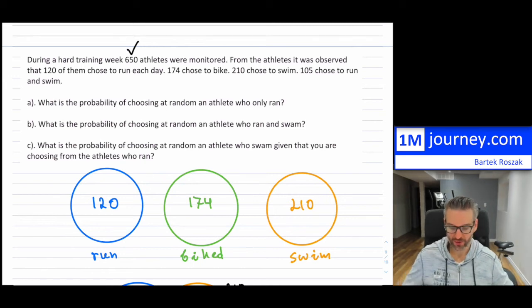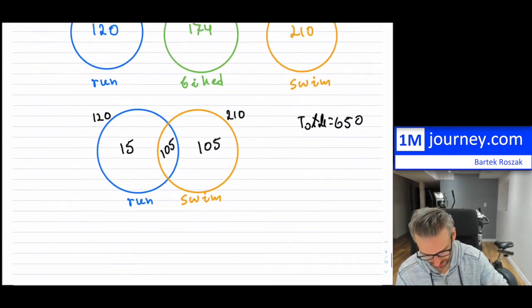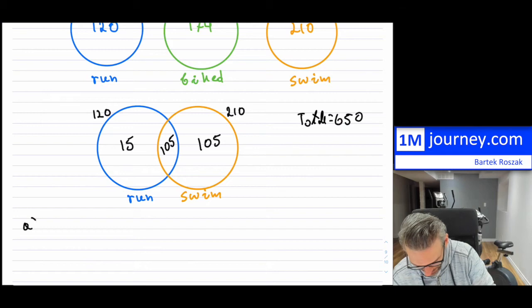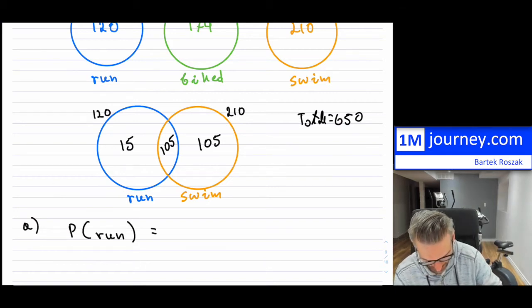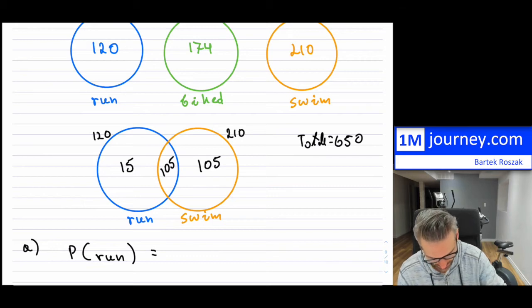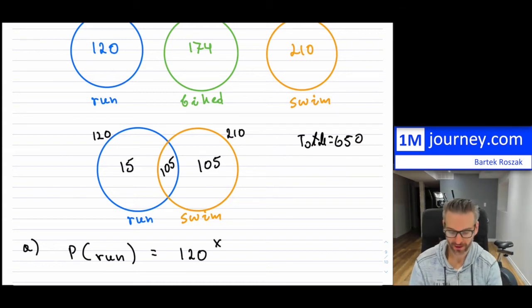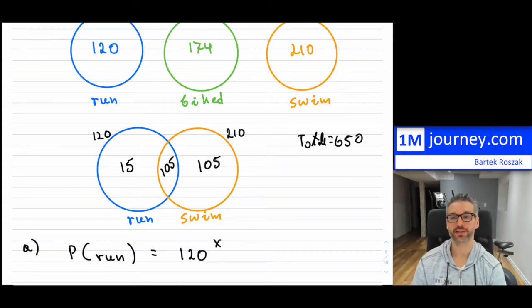So let's try to tackle this question. What is the probability of choosing at random an athlete who only ran? So that's part A. Well, the probability is not 120 because it says that they only ran.